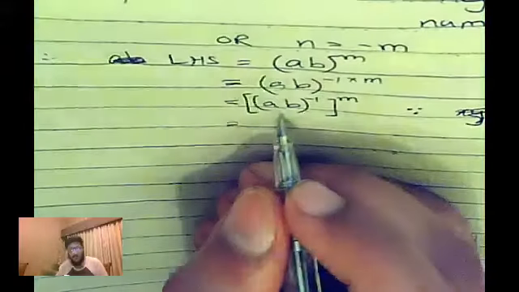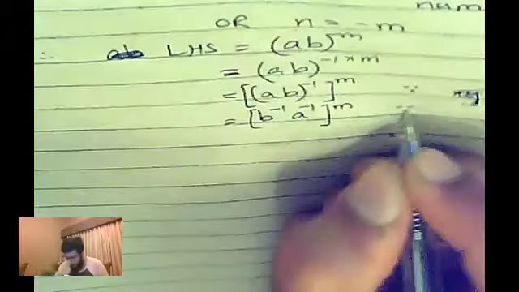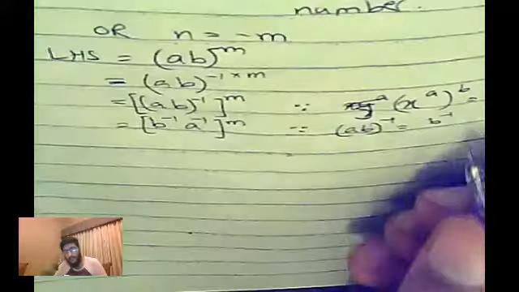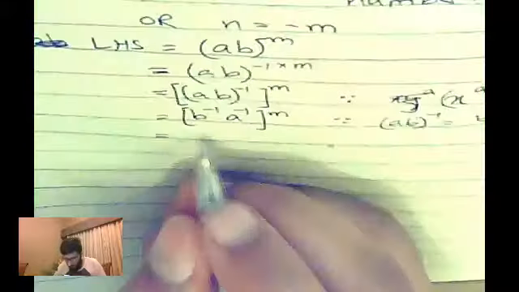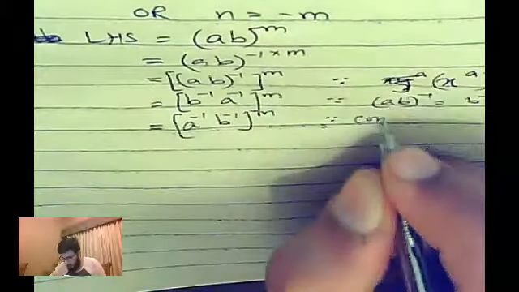So we will expand this inside function, and (AB) whole inverse, according to a theorem, it expands as B inverse A inverse, because (AB) whole inverse equals B inverse times A inverse, equals (A inverse B inverse) whole power m, because commutative property.